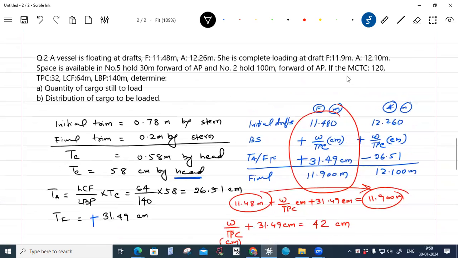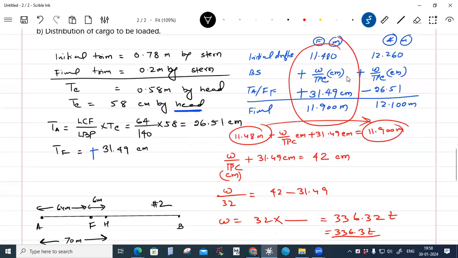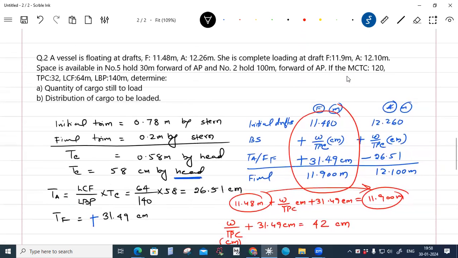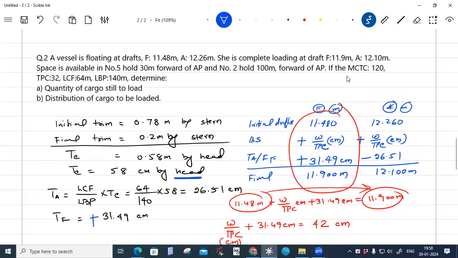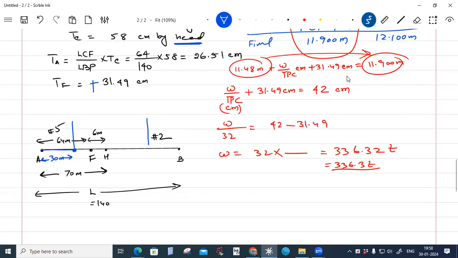And where is number 5 cargo hold? Its distance is 30 meters. And where is this being loaded? Its distance is 100 meters from here.